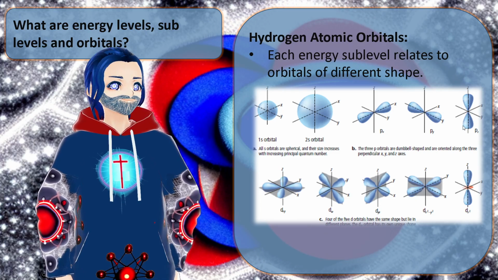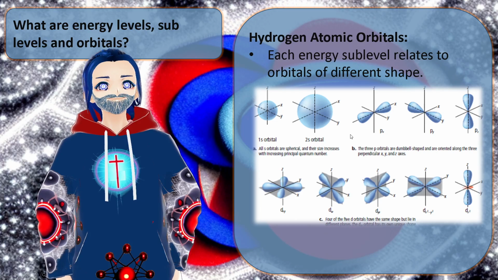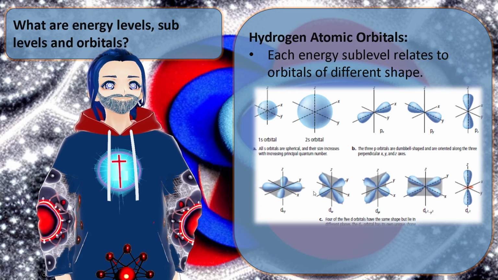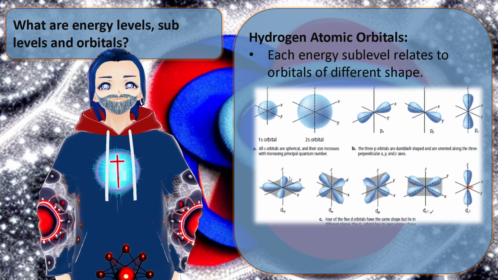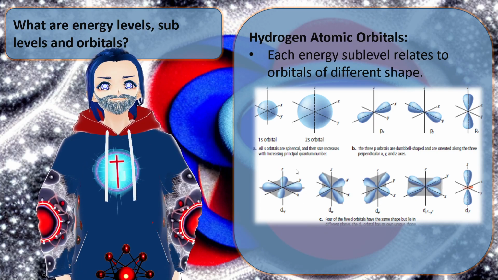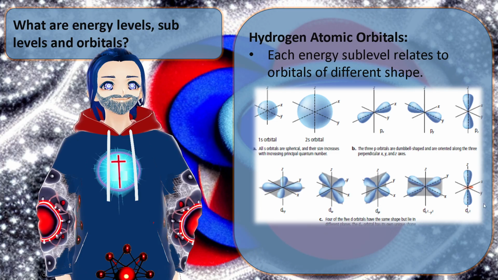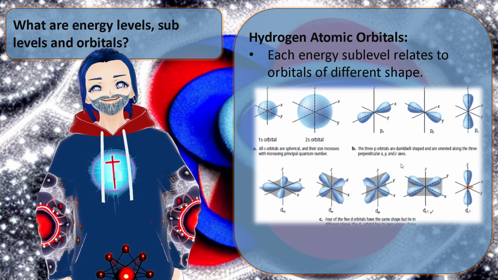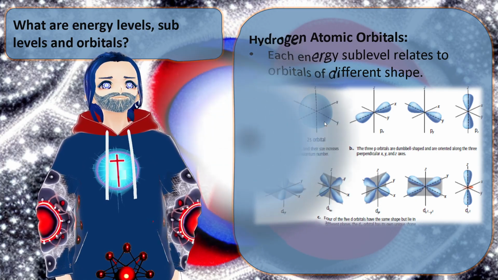And there's 3 of those, whereas there's only 1 s orbital per energy level. And then you have d orbitals, which look like cross dumbbells on each plane, and then there's one with this weird kind of circle shape in the middle. And then you also have f orbitals, and we'll look at those a little bit later.